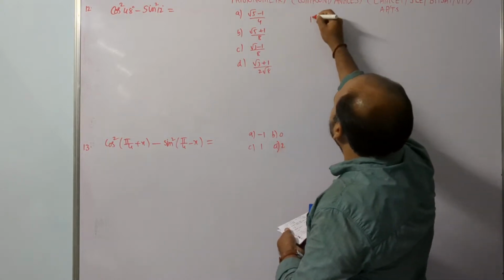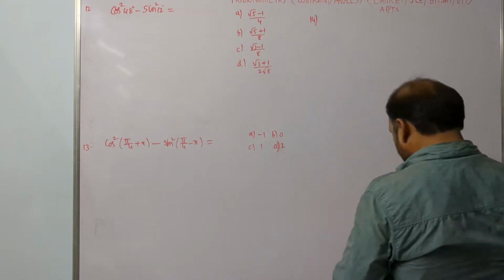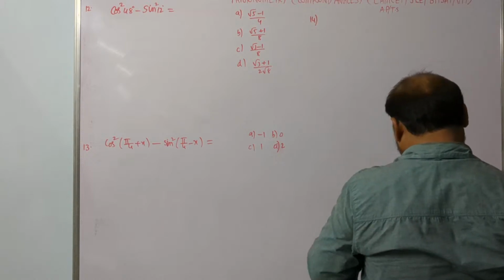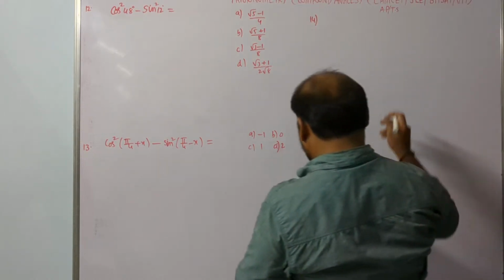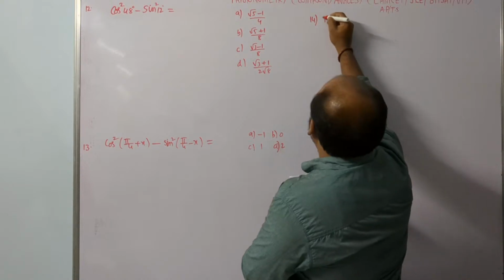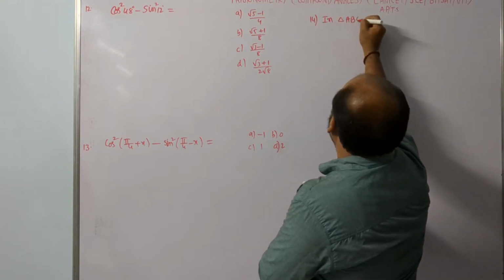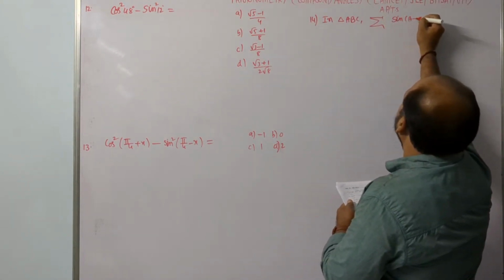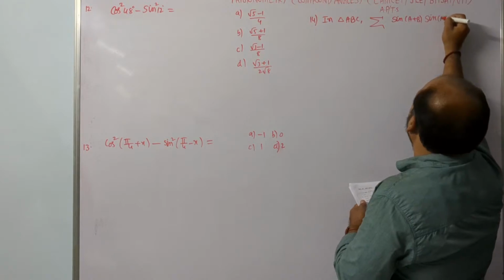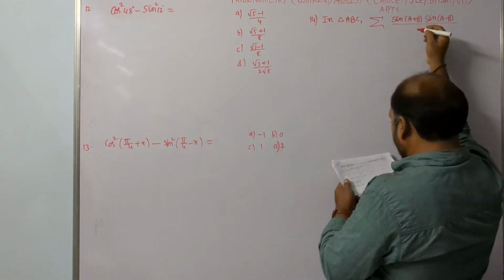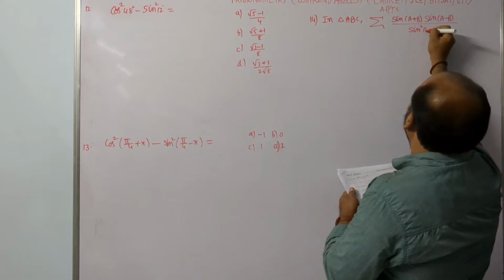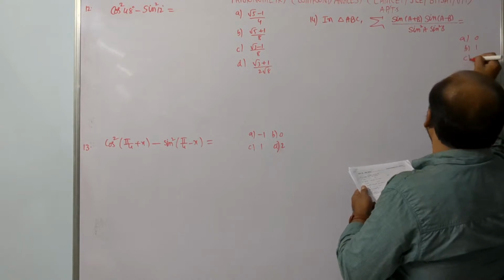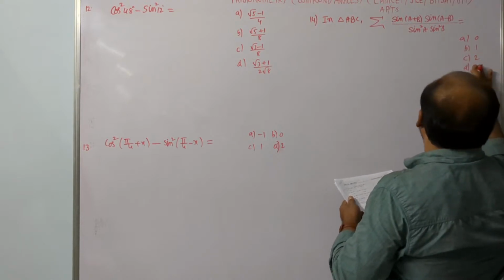So question number 14. In triangle ABC, summation of sine of A plus B into sine of A minus B divided by sine square A into sine square B. Options 0, 1, 2, 3.